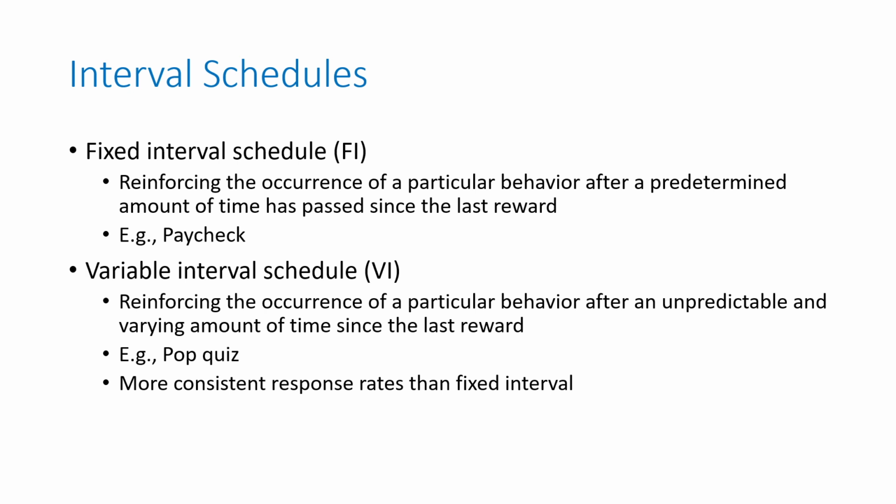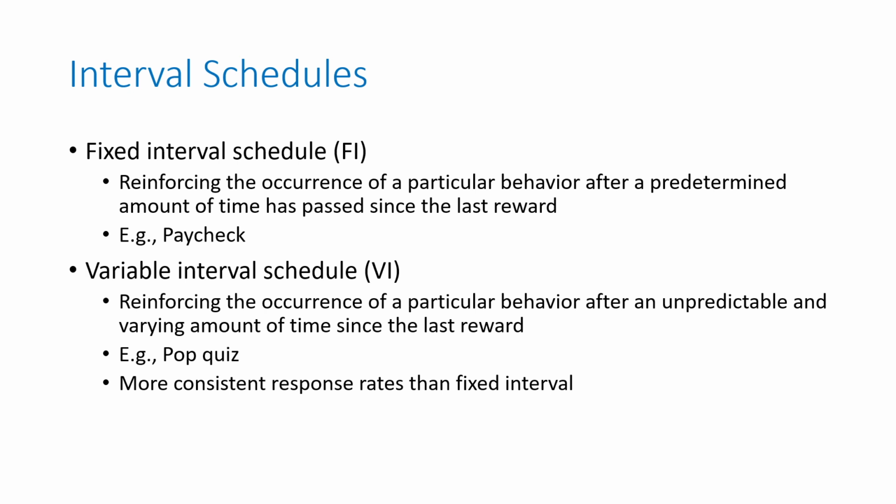Every 2 weeks, you're going to receive this paycheck, and that's your reinforcement to continue to go to work and do a good job. You know that every 2 weeks you will receive that. So it's fixed, it's predictable. You know it's going to occur every 2 weeks, and it's based on an interval, in this case, number of weeks.